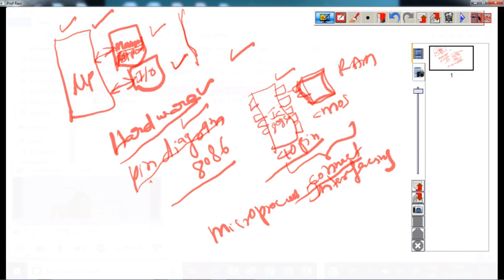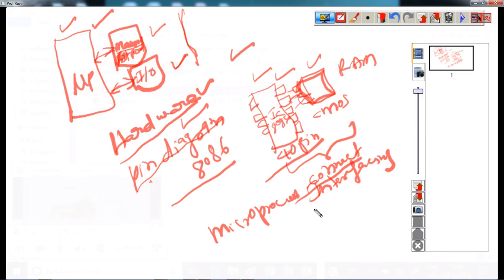Why interfacing? Typically, it is connecting one pin to another pin, but this is of different logic and this is of different logic. The voltage levels for logic differ: if it is TTL, plus 5 volts we call logic 1, whereas if it is CMOS, 3.3 volts we also call logic 1.